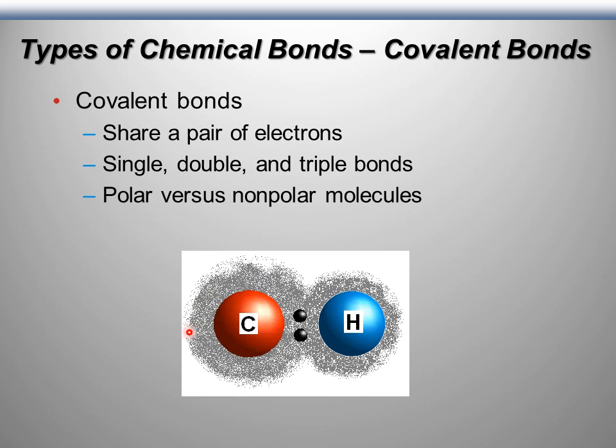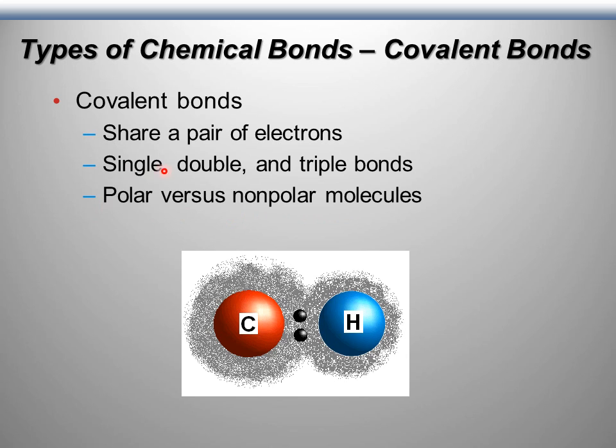So the cloud of electrons over the carbon is actually a little bit bigger. You know why? Because that electron that may have come from the hydrogen is spending a little more time with the greater affinity carbon. Okay? So they are sharing a pair of electrons in a covalent bond. It just may not necessarily be equal, and that's what polar and non-polar is. We'll talk about that in a second.